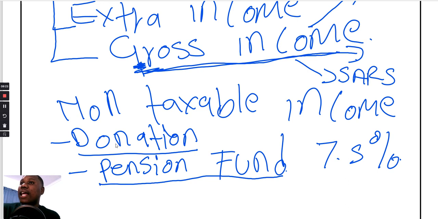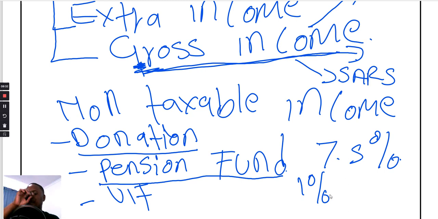Okay, right. Another one in the line here, we can talk about the UIF, which is the 1% of the gross as well. Okay, remember the UIF is different from the pension fund. Okay, UIF, it is only when you are unemployed but still willing to work. Okay, so remember, it can be contributed by people that are working on contracts.